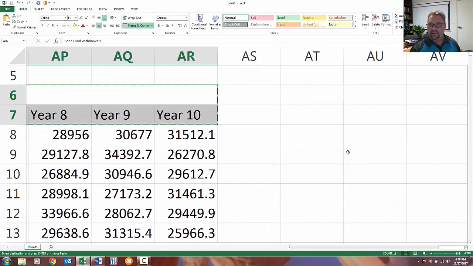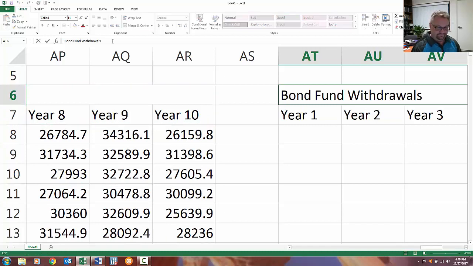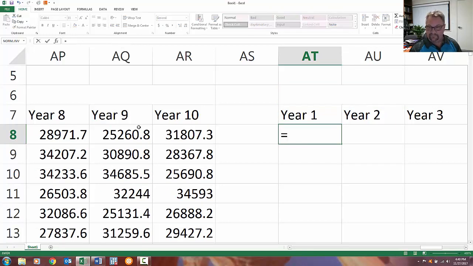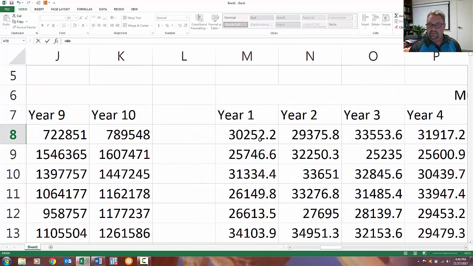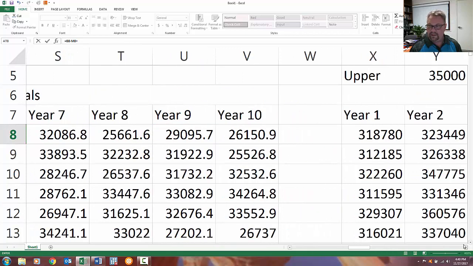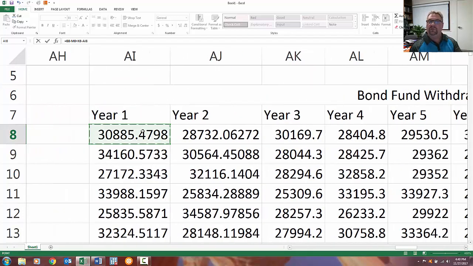All right. And then lastly, well, I tell you what, I'll copy this over. And this would be, you know, total funds, I guess. Total funds. And so this is going to equal the mutual fund returns minus mutual fund withdrawals plus bond fund returns minus bond fund withdrawals.